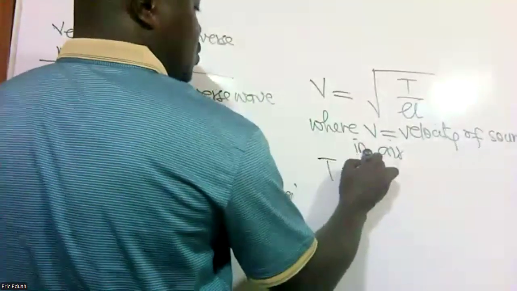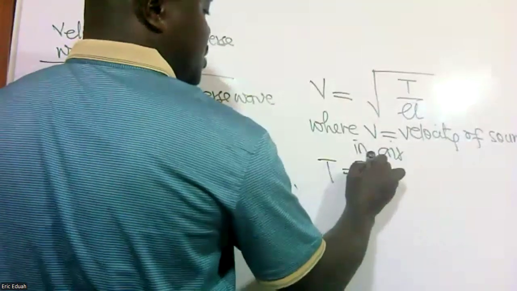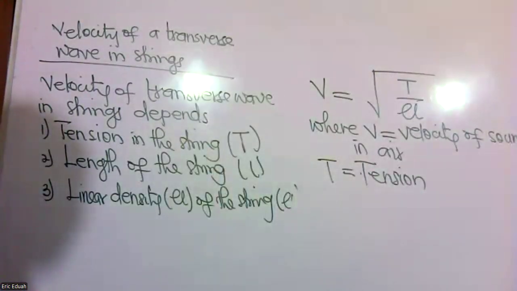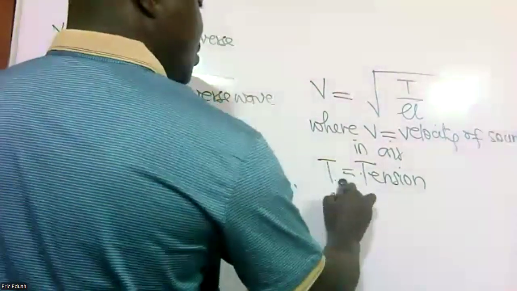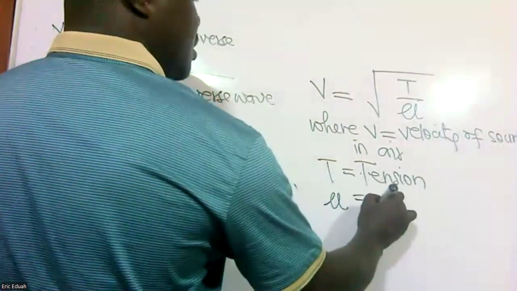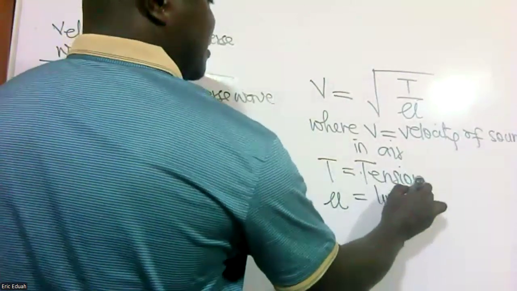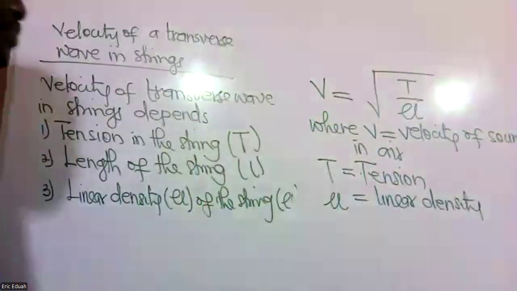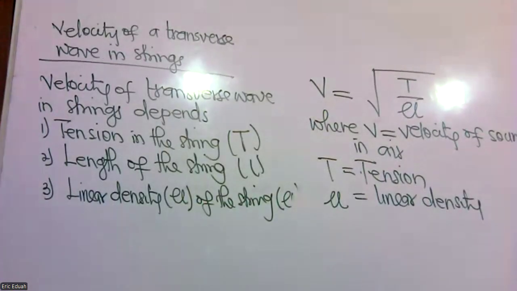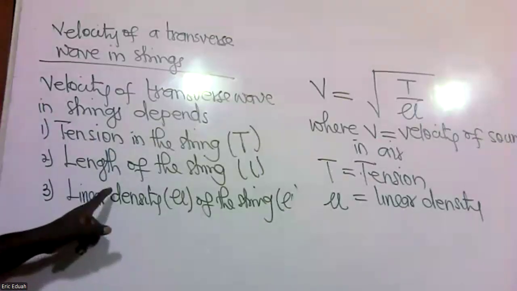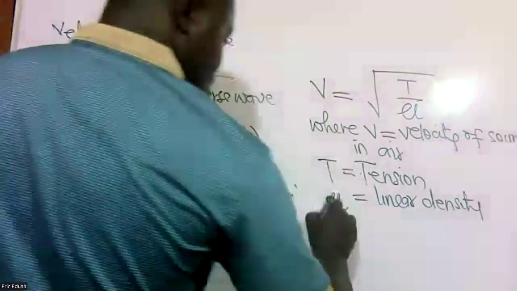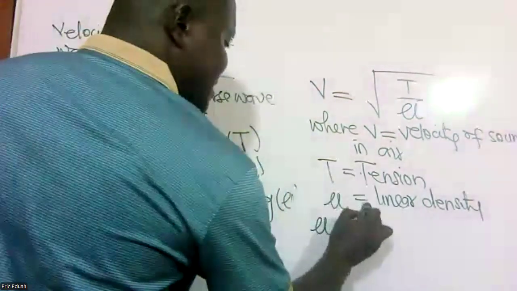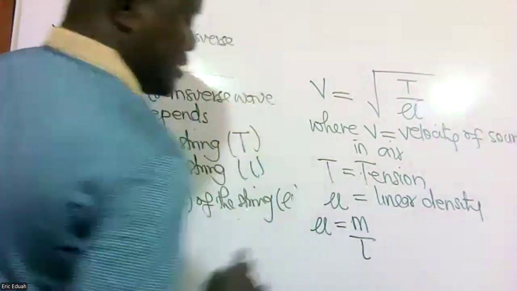T is equal to the tension. Please don't make the mistake to see this as temperature. It's tension. Then mu is equal to the linear density. Later on, the length would also come in. Now linear density mu is equal to mass per unit length.